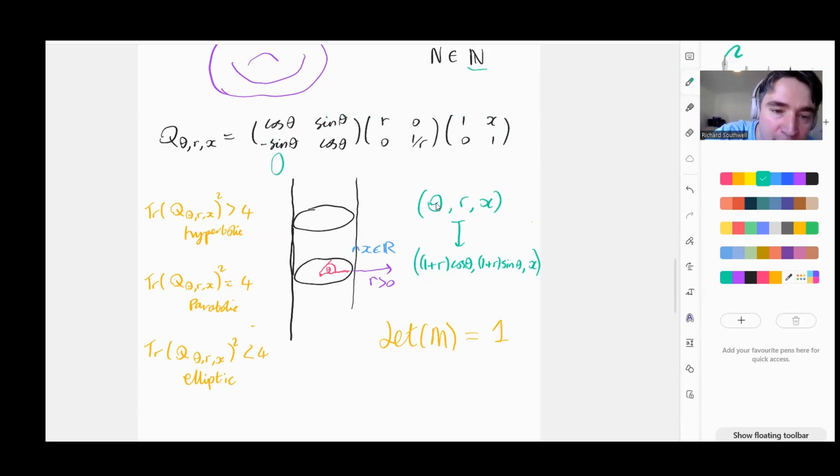And here, theta is going to be something between 0 and 2 pi. R is going to be a positive number, and X is going to be a real number.